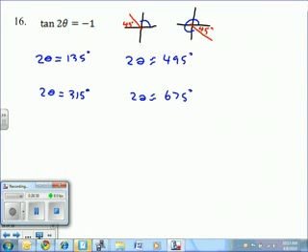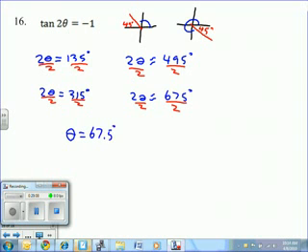Just add 360. And then to find our answers for theta, all we have to do now is what? We divide everything by 2. Because of the 2 in front of the multiple angle, we got to keep adding 360, as long as we're under 720. All right, so theta equals 135 divided by 2 is what?